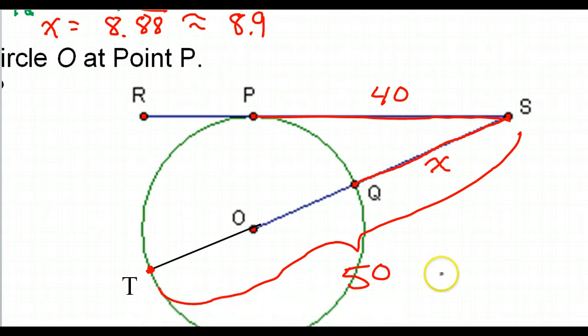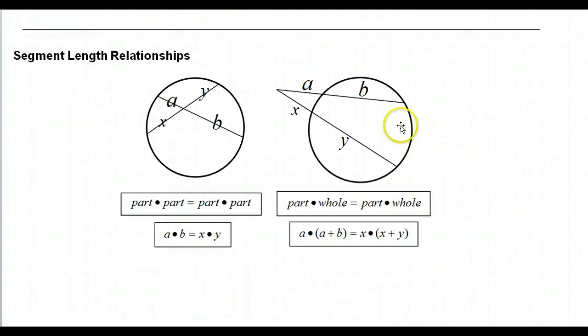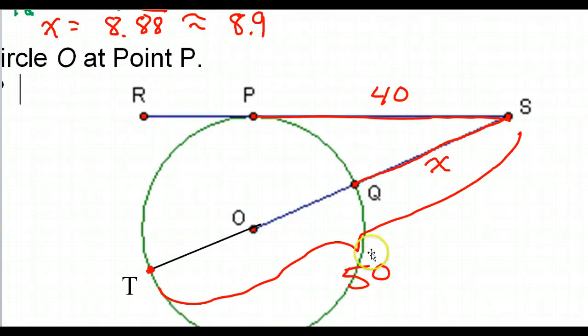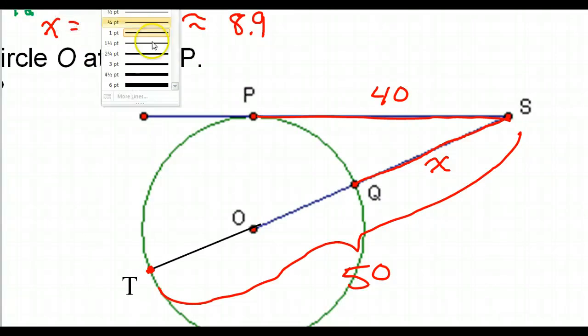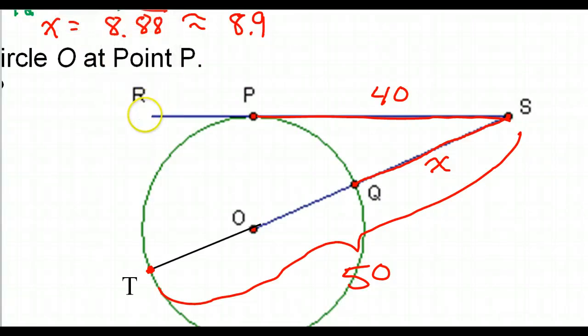I'm hoping you can see that this is like several problems that we have done before. It's one of these ones where the segments are going outside of the circle, so it's a part times whole equals part times whole situation. It looks a little funny because of this piece that's sticking out over here, but that's not really doing anything.